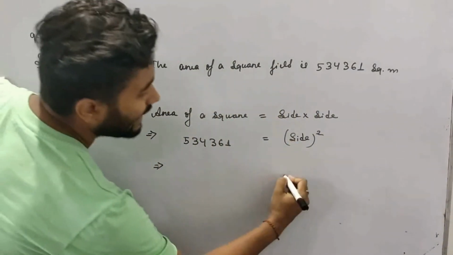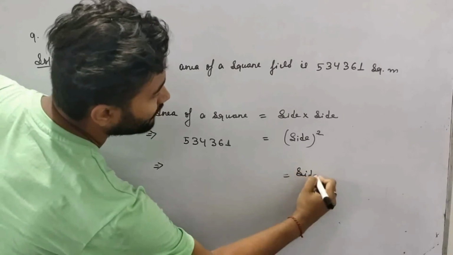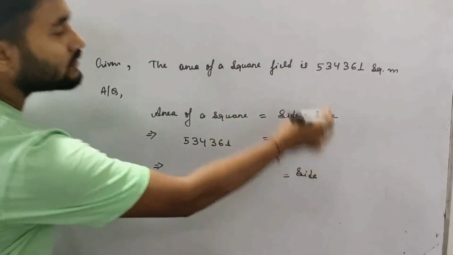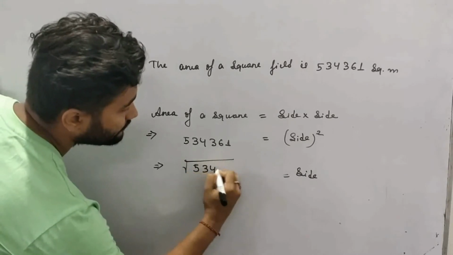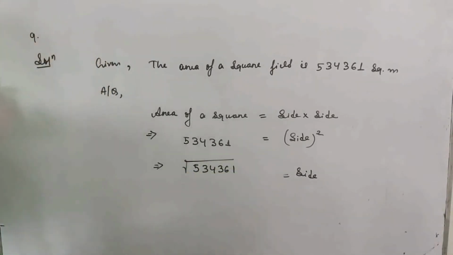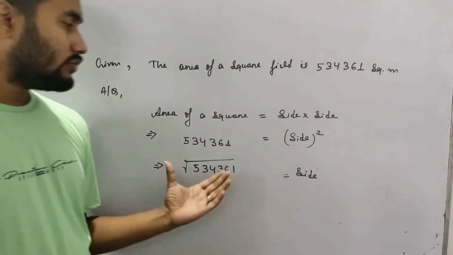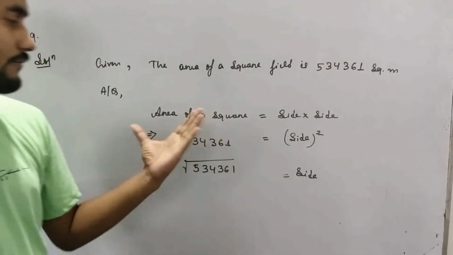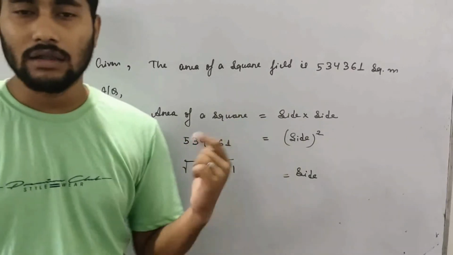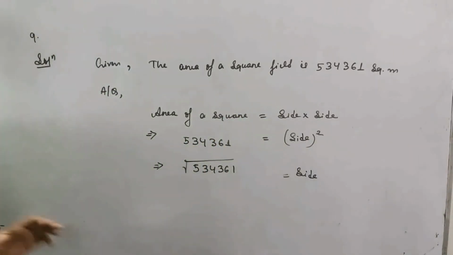I need to find side, so I will bring this square to this side and it will become square root. So now you have to find the square root of 534,361. This is your job, okay?